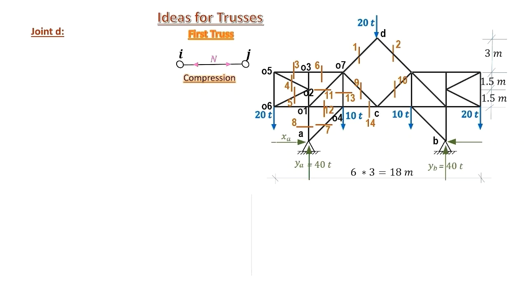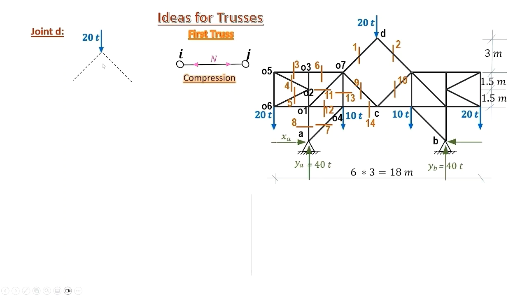Just before starting this equilibrium, we recall that this is the compression internal force in a member: the arrows are heading towards the joints. Here we have our joint D with the external load, 20 tons. To maintain equilibrium in the y direction, we need forces of total 20 tons heading upwards. They can be achieved by analyzing members 1 and 2.